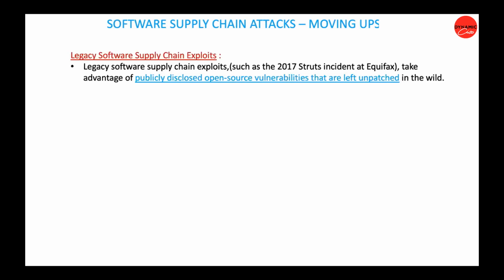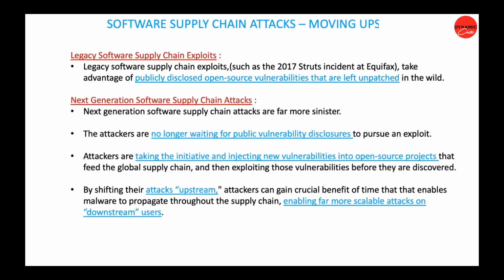Now in the next generation of software supply attacks, they are going after the supplier, right? They're very sinister attacks, and they're not waiting for public vulnerability disclosures. They're taking the initiative, injecting vulnerabilities into the open source projects, so that these feed the global supply chain.